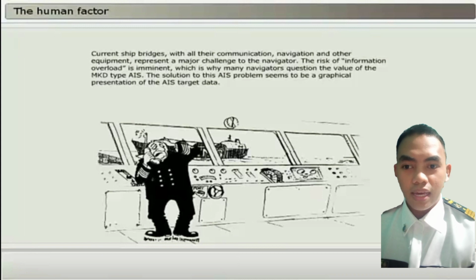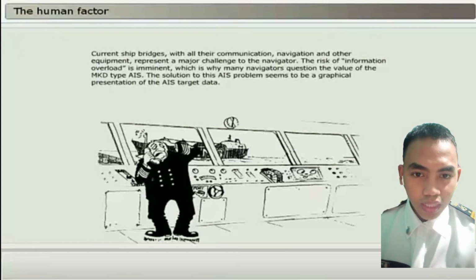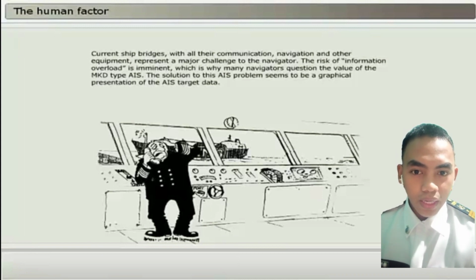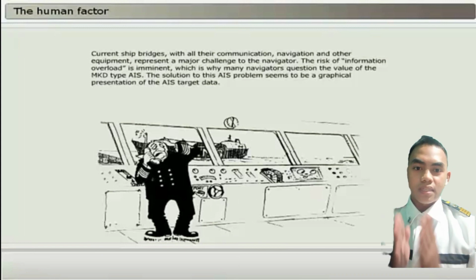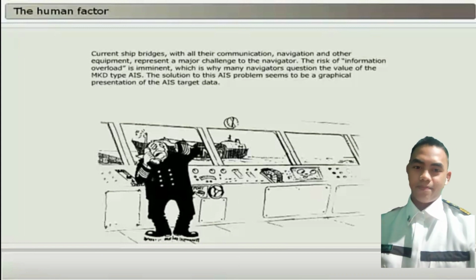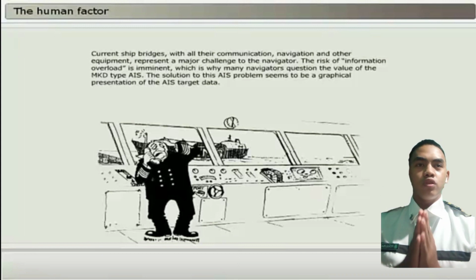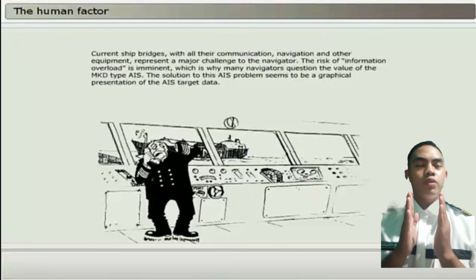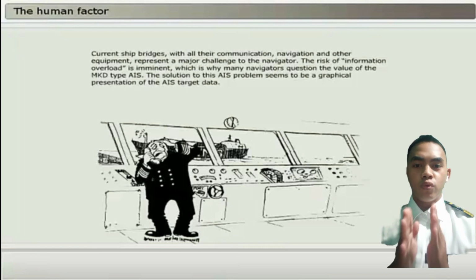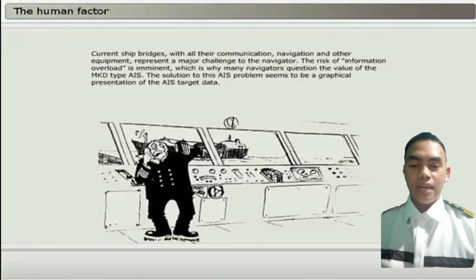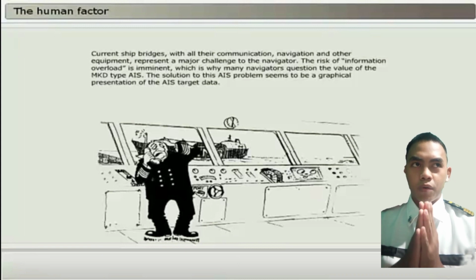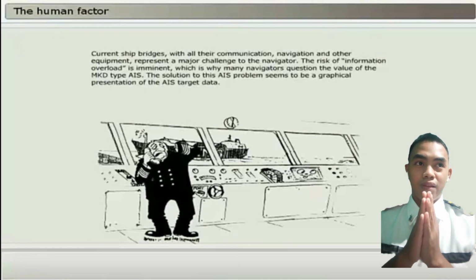The solution to the AIS problem seems to be a graphical presentation of the AIS target data. That's why the OOW should know the function of AIS in order to avoid incidents or human error on ships.